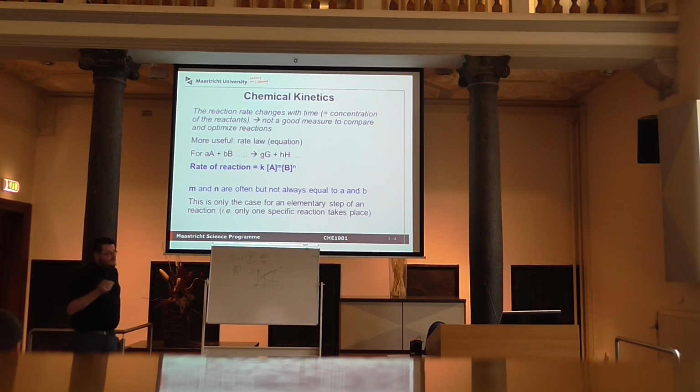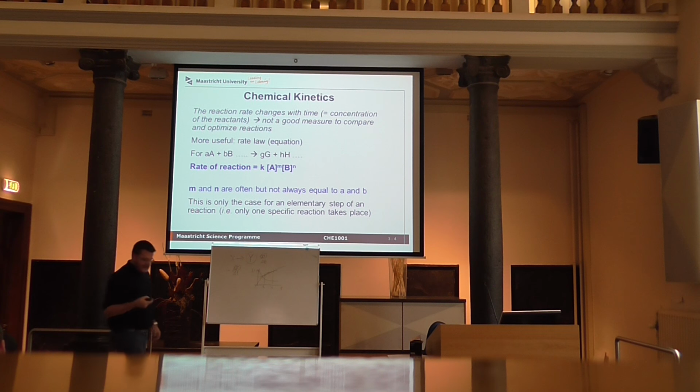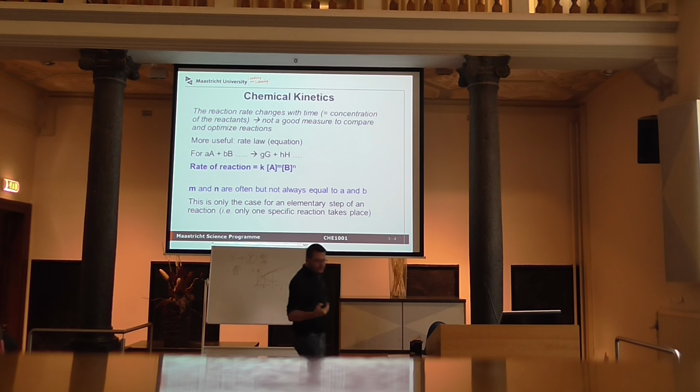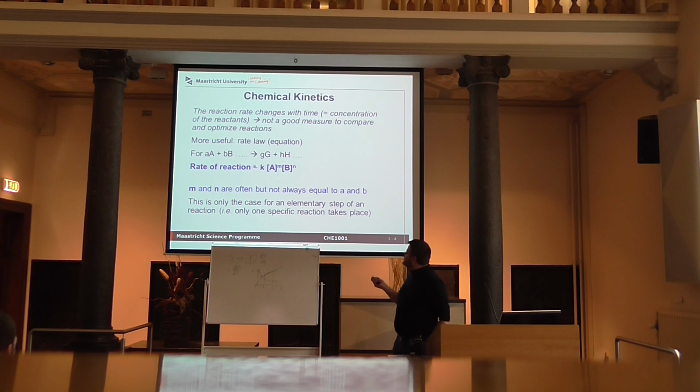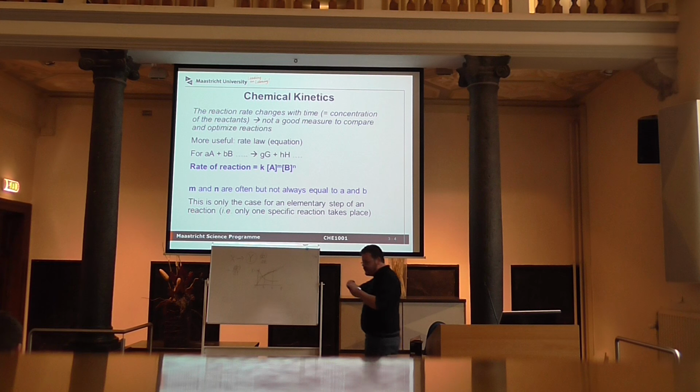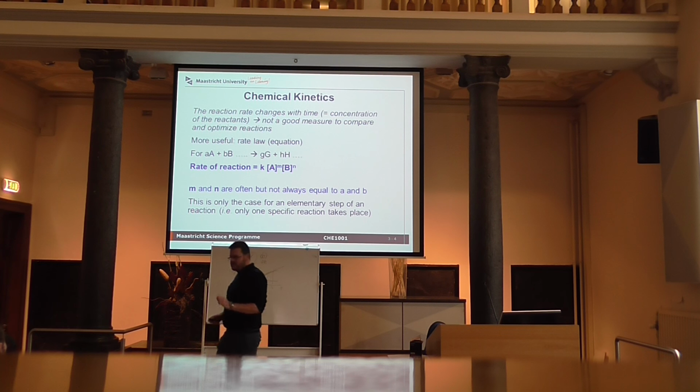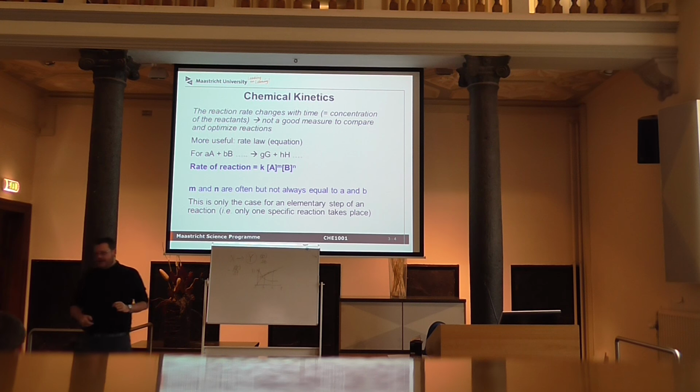This is something different. These m and n are what we call reaction orders. So lots of new terms. This whole thing is called the rate law. This is the rate constant. And these m and n are the orders of the reaction. So we talk about the order of the reaction m with respect to A, and the order of the reaction n with respect to B. Or we can talk about the overall reaction order, which is m plus n.